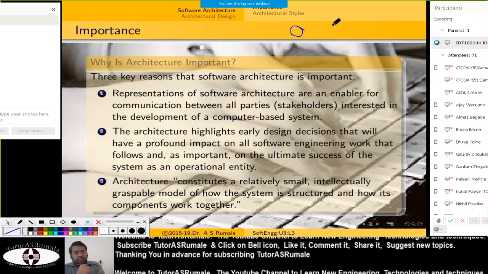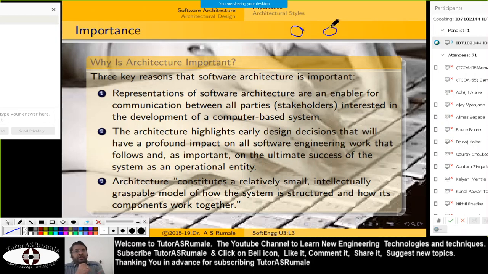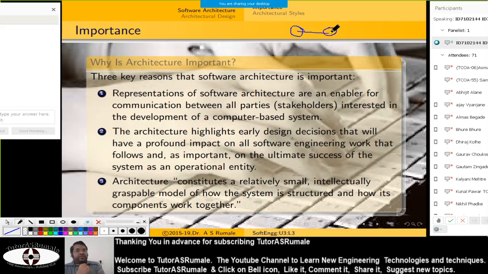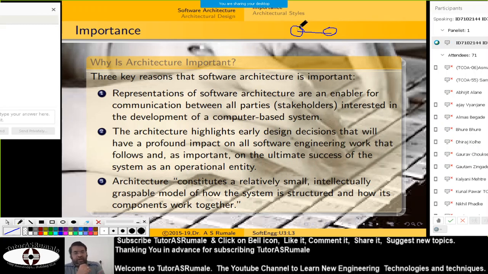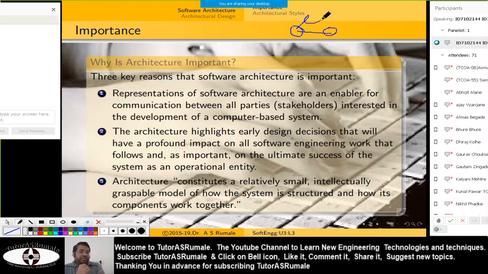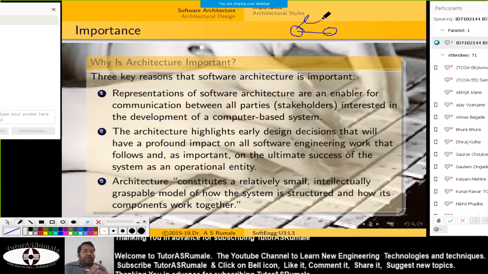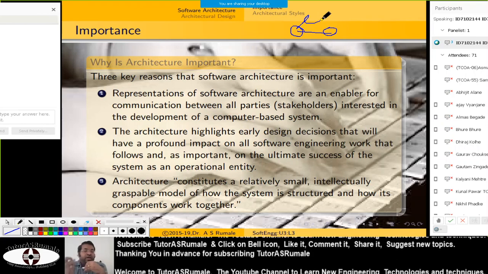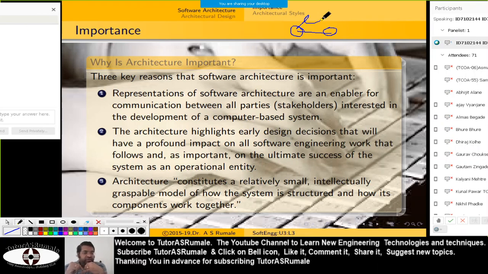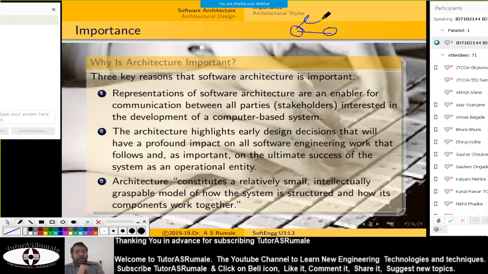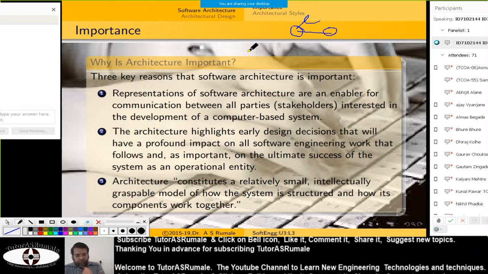One circle, another circle, they are connected with each other, and they have a handle. The bicycle is ready. Yes, because this is what we call an architecture, a relatively small but intellectually graspable model of how the system is structured.